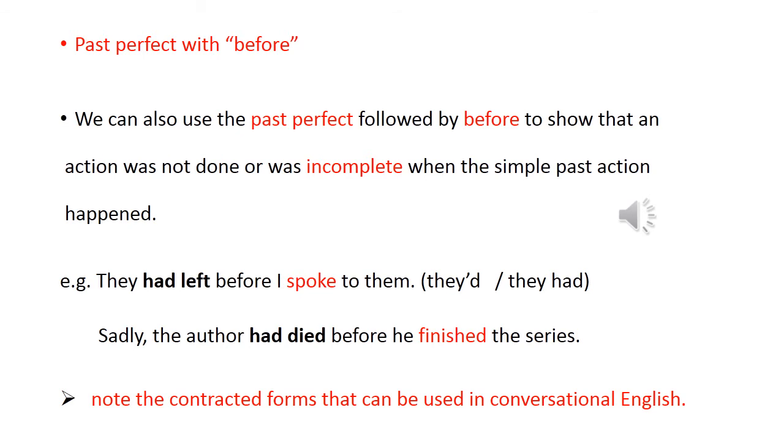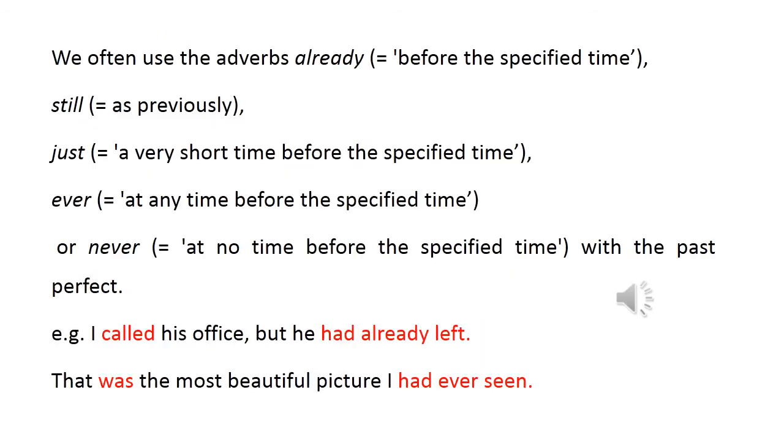Look at the next example. Sadly, the author had died before he finished the series. And you can note the contracted forms also that can be used in conversational English. Now let's see these adverbs like already, still, just, ever, never, etc. being used along with the past perfect.